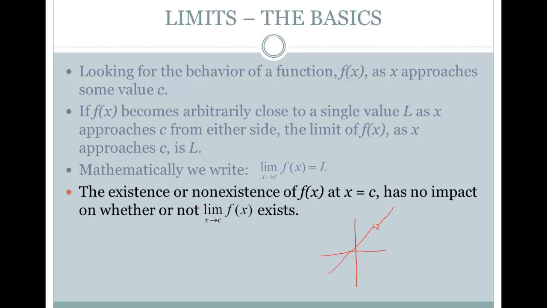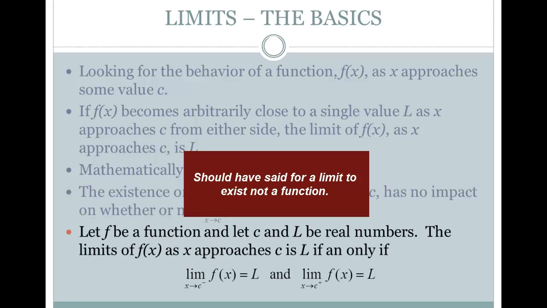It might not be in the domain, or it might be a rational function where the denominator got factored out. But in any event, as I approach from the left and the right, the function is going to get closer and closer to whatever this value is. It's not going to equal it, but I'm going to get close to it. So the limit there would actually equal whatever that value is, let's say L. So don't think that just because a function is not defined there, or maybe it's defined up here, the limit can't exist. That's a tougher concept to understand, but we'll see an example in a second.